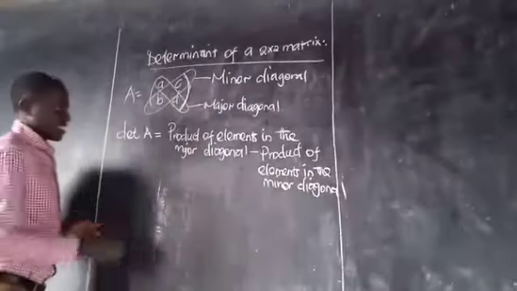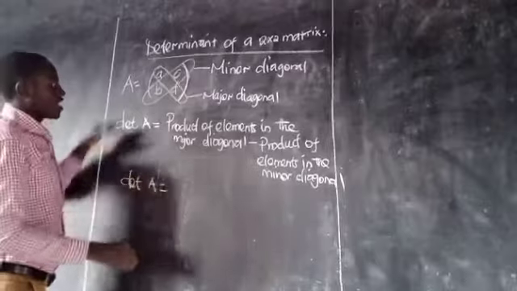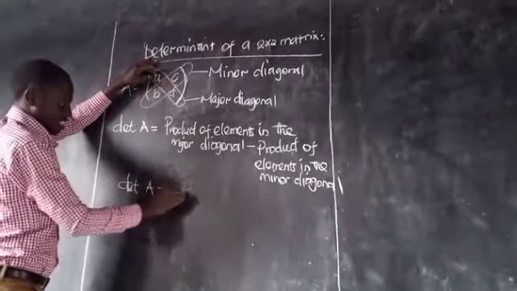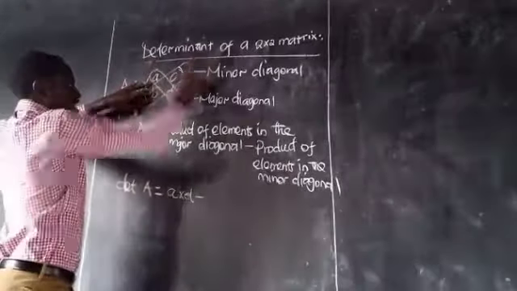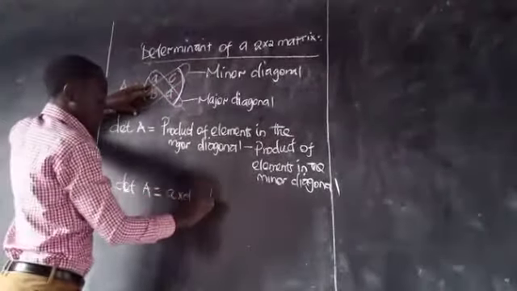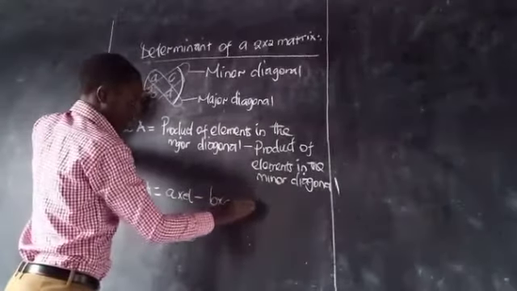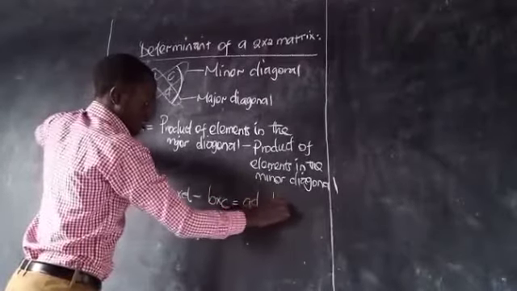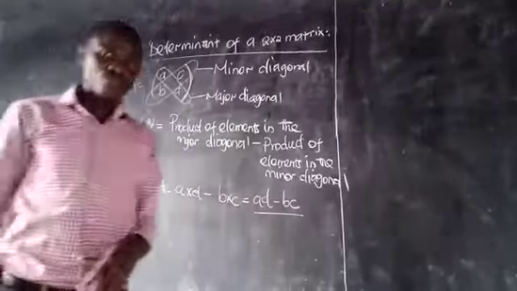This simply means that our determinant of A is equal to the product of these elements, which is A times D, and then we subtract the product of these elements in the minor diagonal, which is B times C, which simply says that determinant of A is equal to AD minus BC. That is all we are going to talk about.